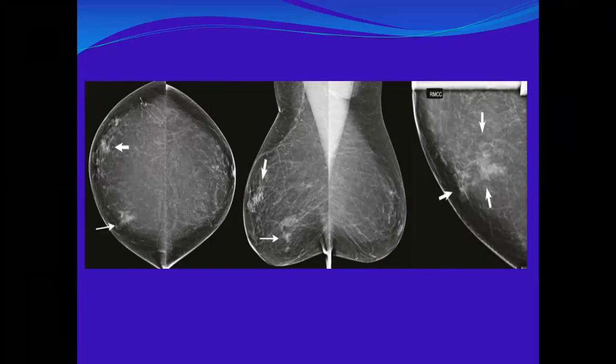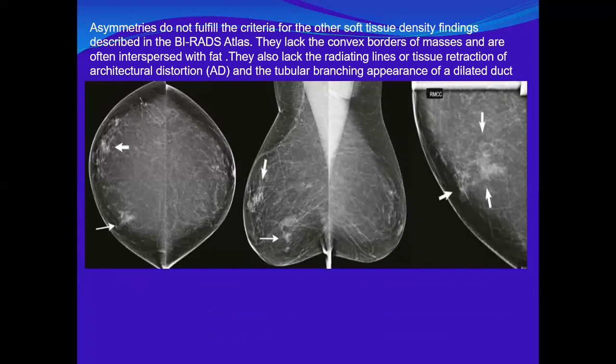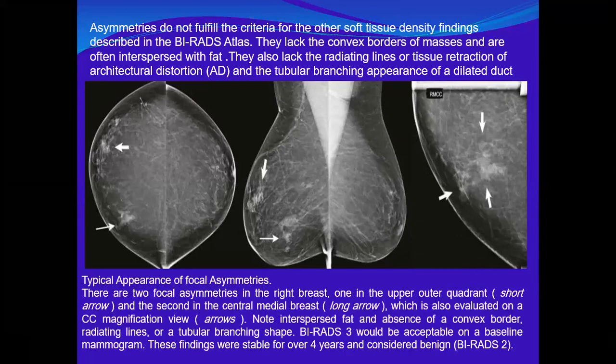Yes, this is why I brought this image. Why this case? To know that focal asymmetry can be multiple. See, not necessarily to be one. These are multiple areas of focal asymmetries.